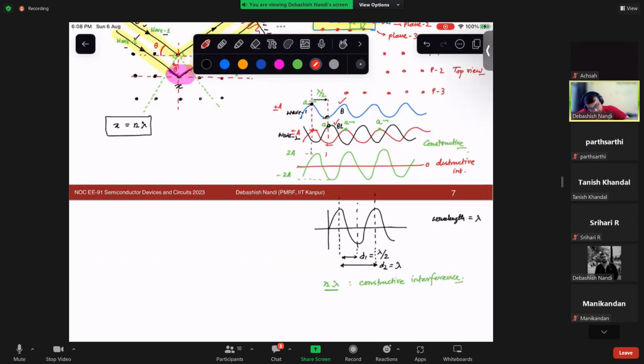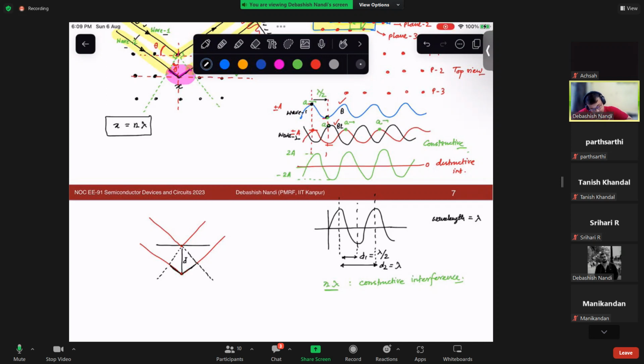Just let me draw it. So we want to find out this distance, and this distance is d.